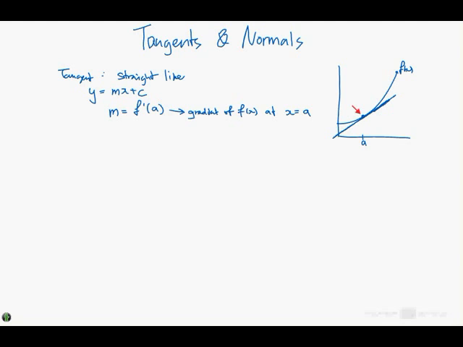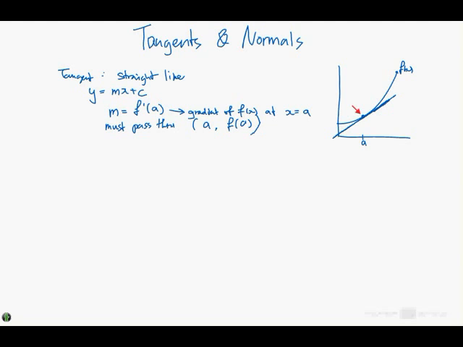So that's the gradient of our curve, and you also know that it's got to pass through a particular point: x equals a, y equals whatever f of x equals at a, so f of a, like that.